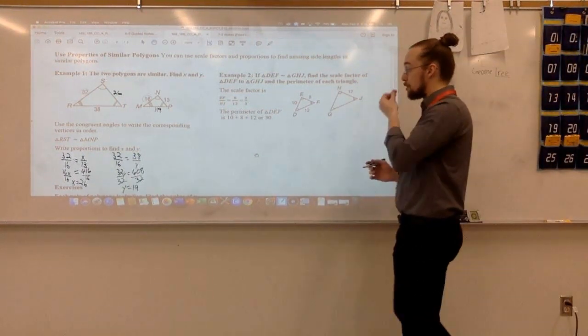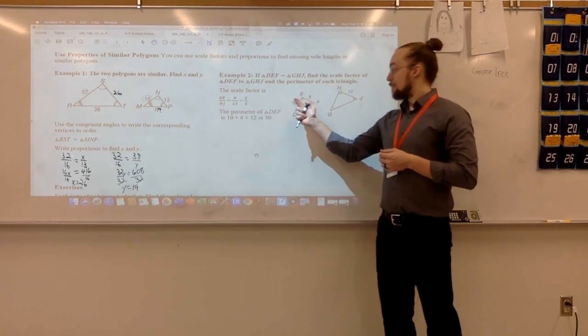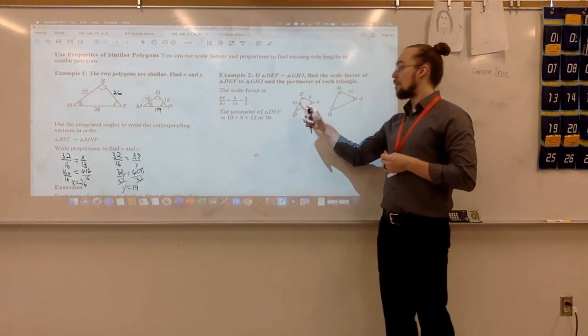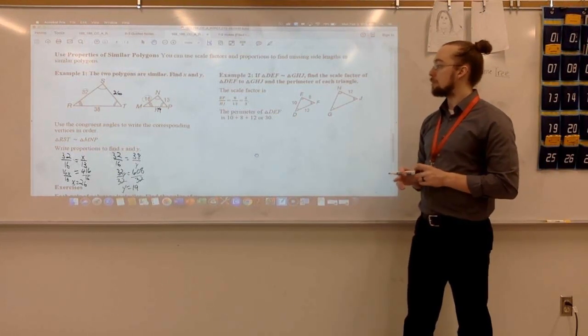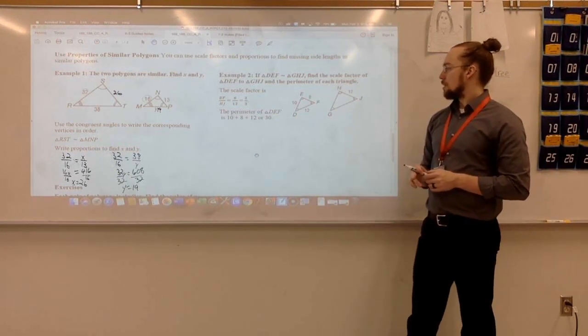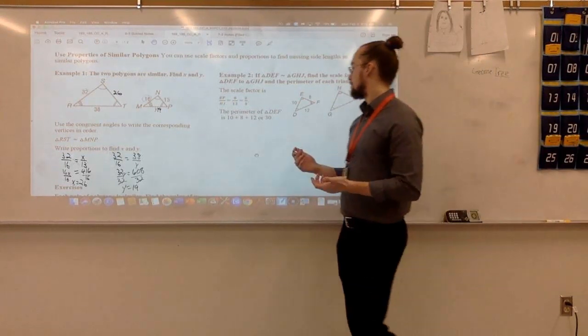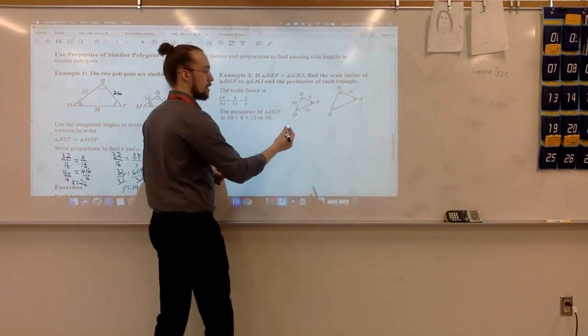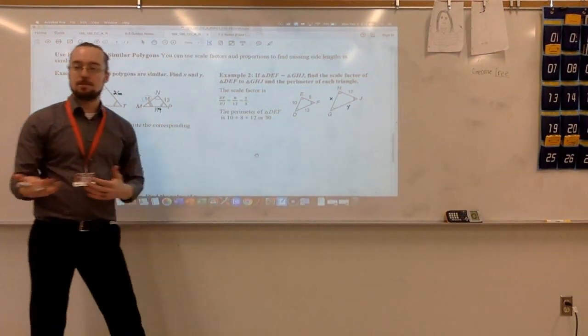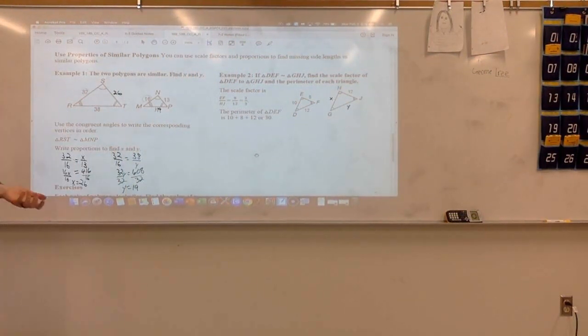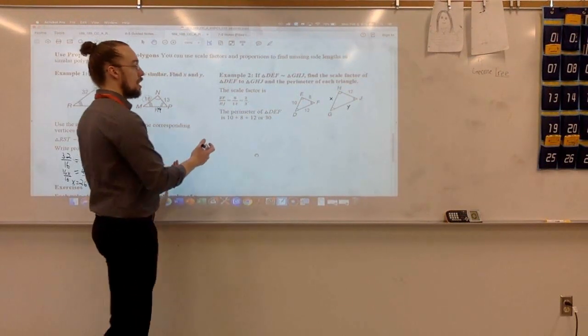So what I could do then is just take each of these other sides and multiply by that scale factor. Or I guess set equal to that scale factor, I should say, not multiply. So if we call those sides x and y, I just assign some variable to them.